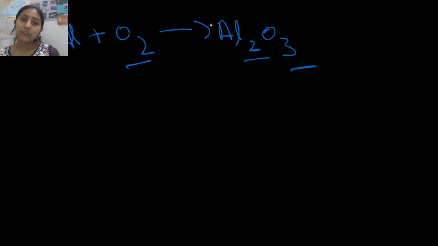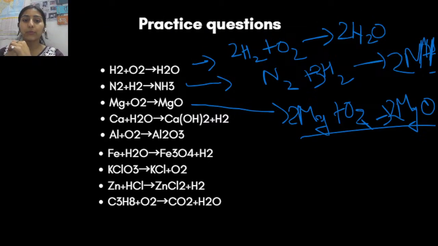So what if we multiply it by 2? It is now 6. We will multiply by 3 over here and 4 over here. Right? Now it is balanced. Aluminium 4 atoms, aluminium 4 atoms, oxygen 6 atoms, oxygen 6 atoms. It is now balanced.